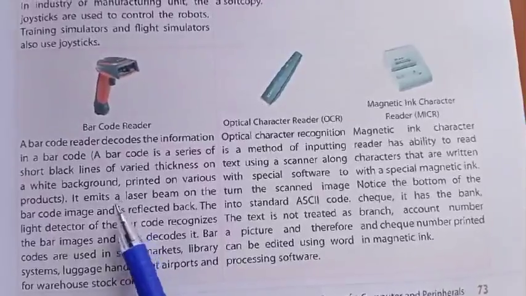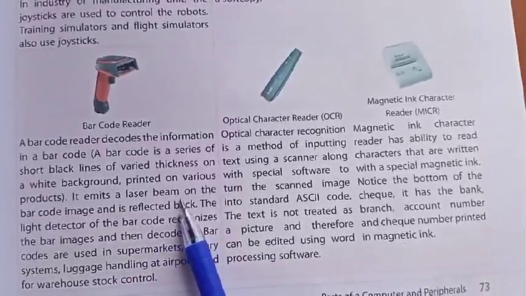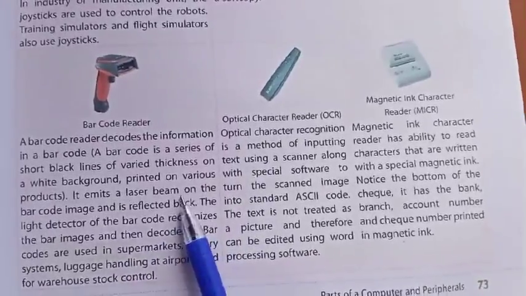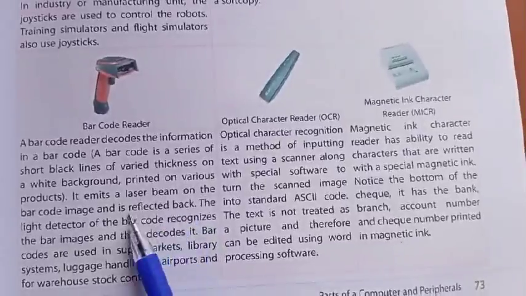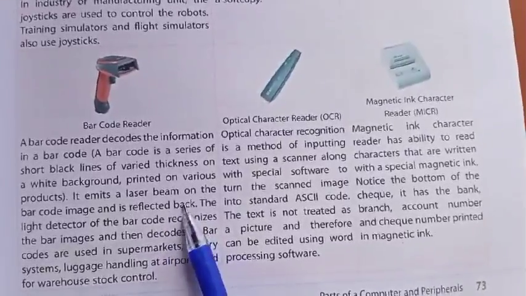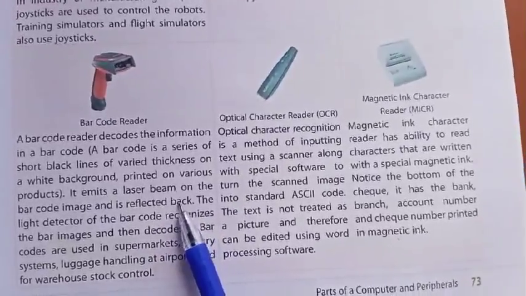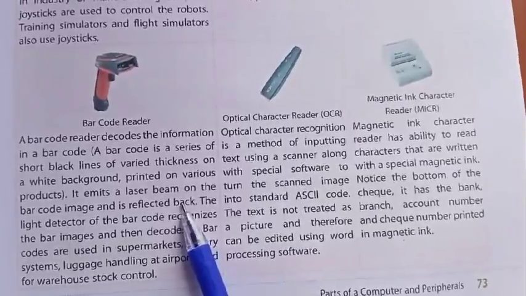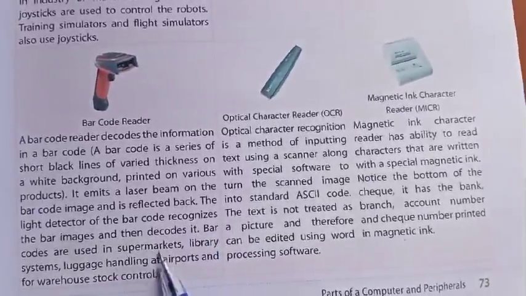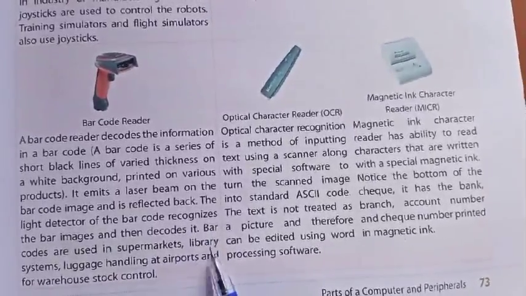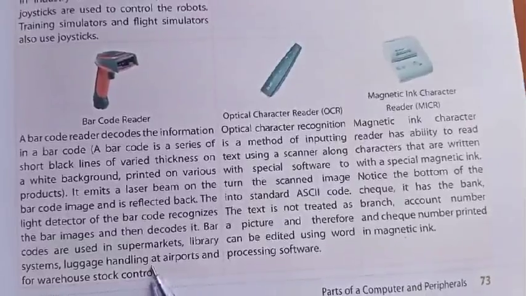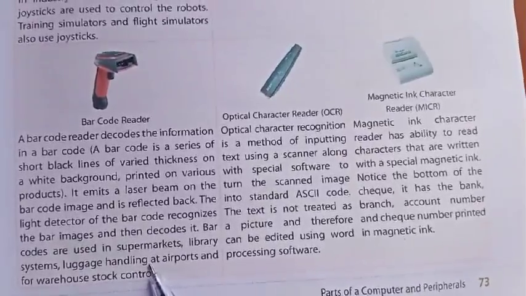How does it work? It works by emitting laser beams. When these laser beams are reflected back, this information is understood by the system. Mostly it is found in supermarkets, libraries, and in luggage handling at the airport.